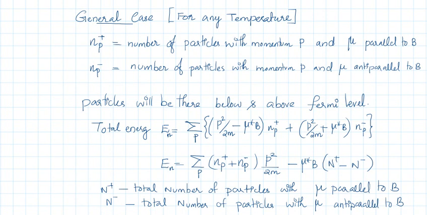The only condition is that mu is parallel to B. N minus is the total number of particles with mu anti-parallel to B. Then these terms together can be written as minus mu star B into (N plus minus N minus). Summation is not applicable for this term; we already did the summation. And the first terms, p square by 2m into Np plus and p square by 2m into Np minus, together can be written as sigma over p of (Np plus plus Np minus) into p square by 2m. So this summation is now applicable only for this first term.